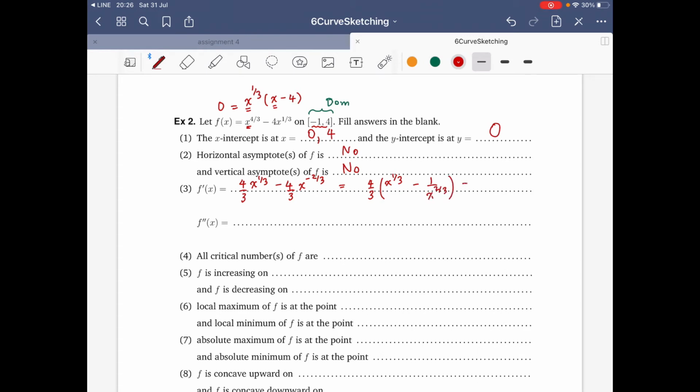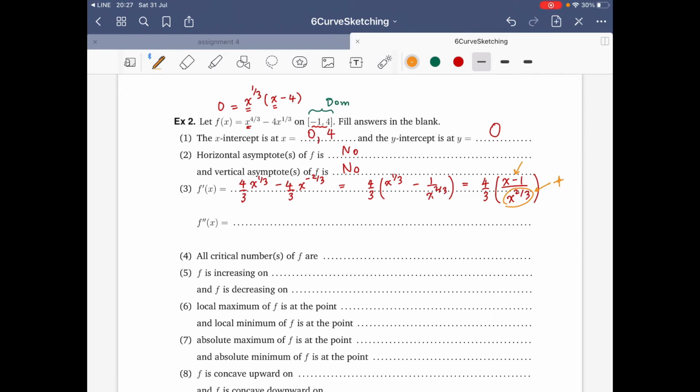So you combine it, it will be 4/3 times x minus 1 over x raised to the power 2/3. This one will be positive all the way because of that square, so the only thing that will determine the sign is that x minus 1.